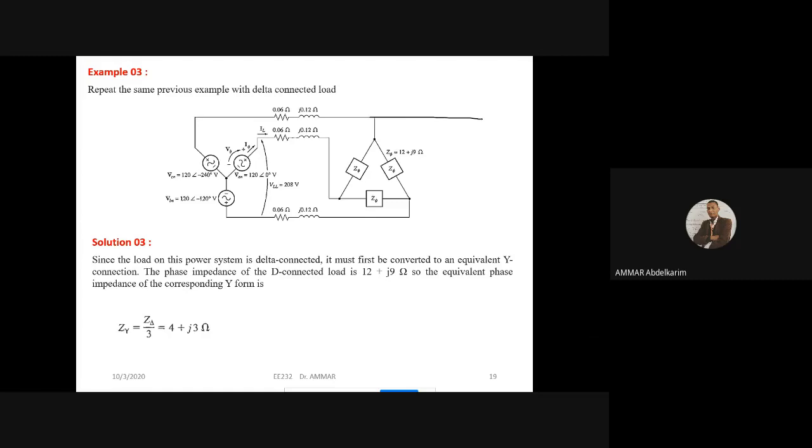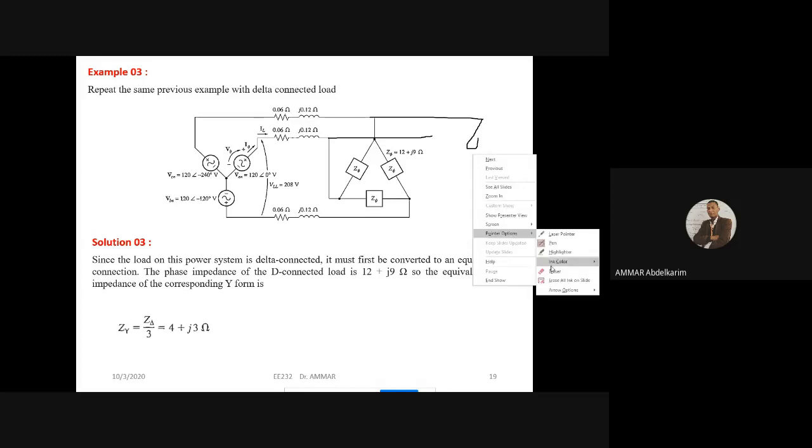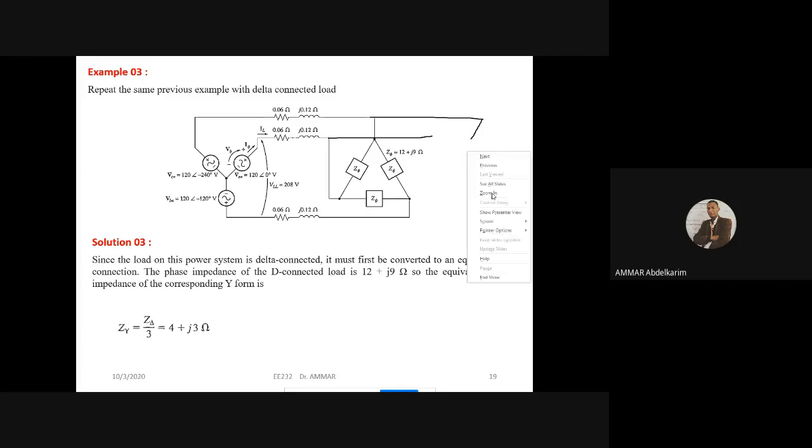So it will be connected like this. This is the first phase. For example, like this, we have the first load, the second load, and the third load.